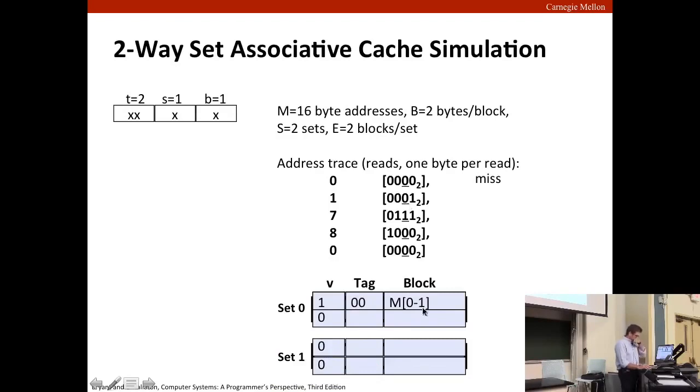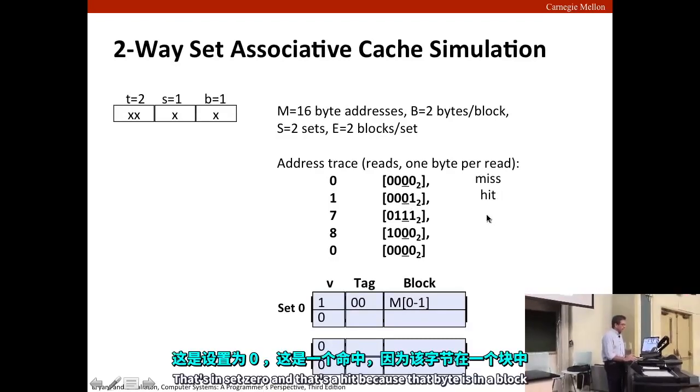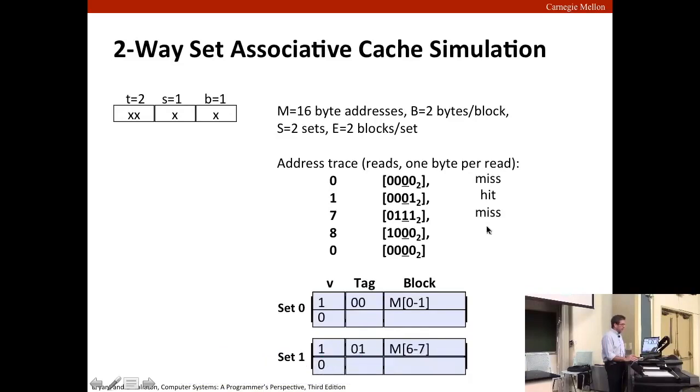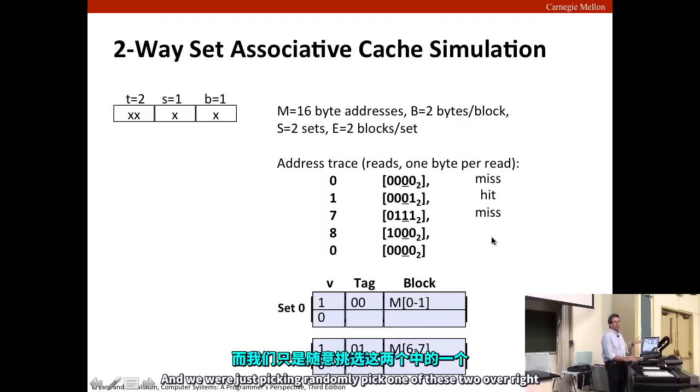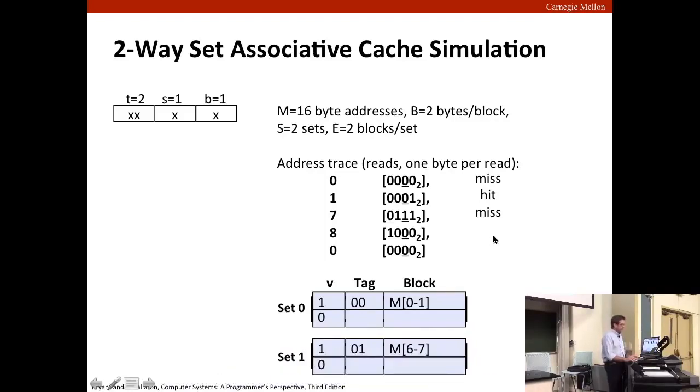The reference to address 1 is in set 0, and that's a hit because that byte is in our block. The reference to 7 is a miss. That's in set 1, so we load that. And we just randomly pick one of these to overwrite because the cache is empty.